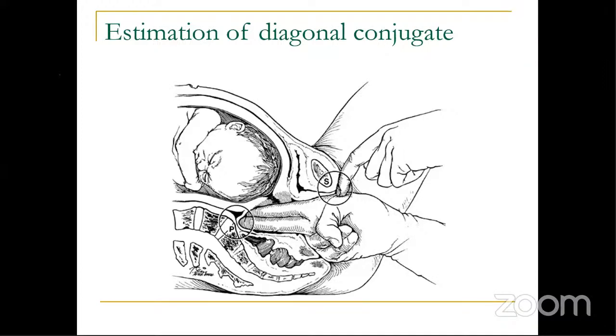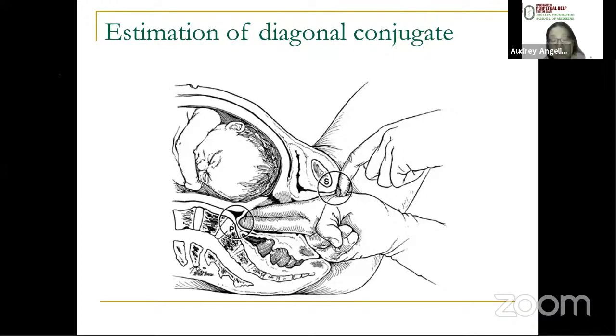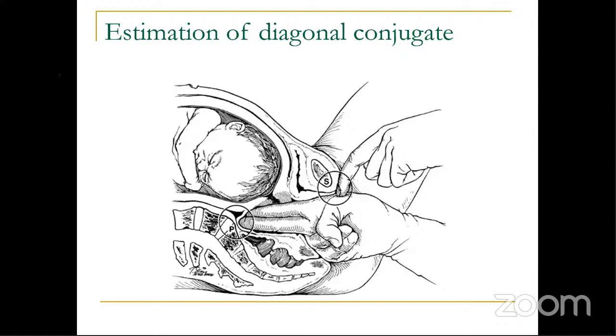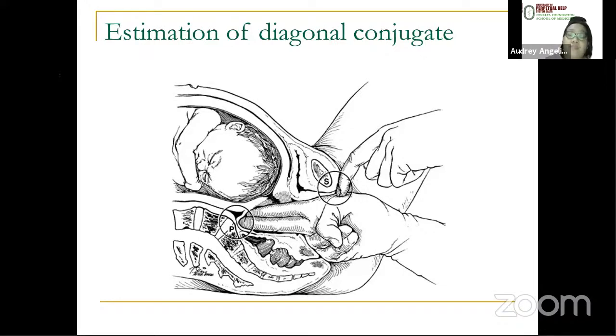It was an inlet into the pelvic, ma'am. Okay, so it means your pelvis is contracted and most likely your baby's head would not traverse your pelvic inlet. So your inlet would just have one parameter and that is your sacral promontory.